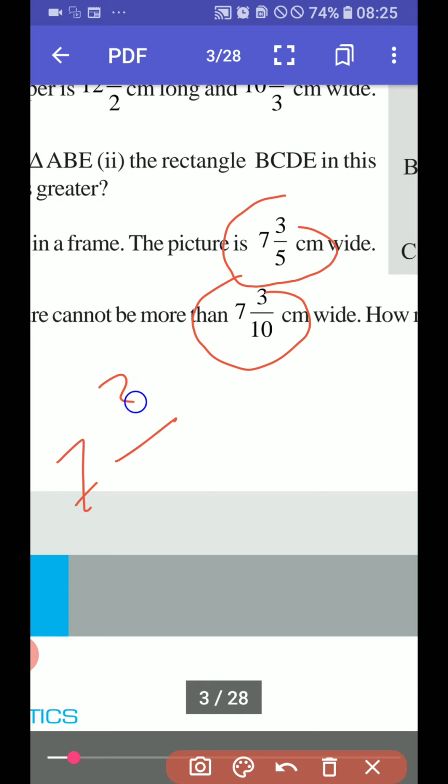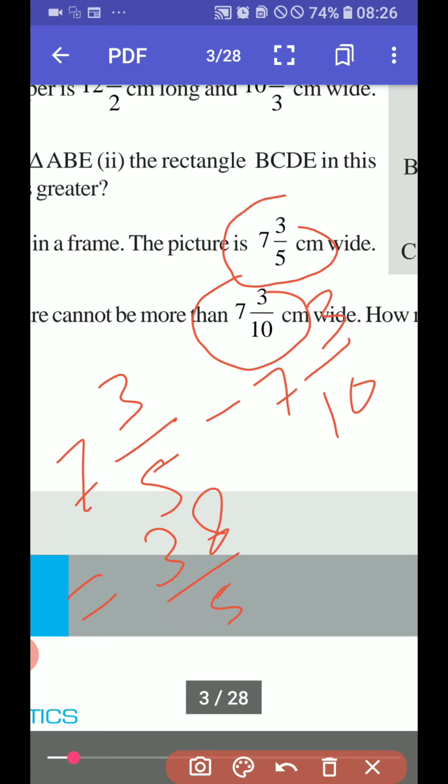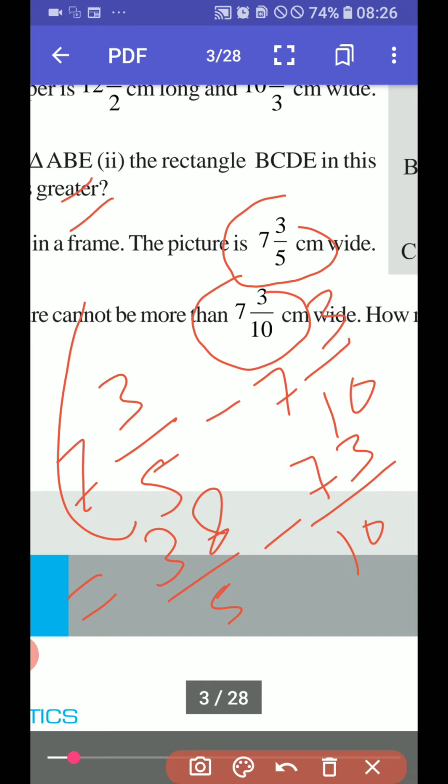You will get the trimmed fraction: 7 whole 3 by 5 minus 7 whole 3 by 10 equals 38 upon 5 minus 73 upon 10, since 7 times 5 is 35 plus 3 is 38, and 7 times 10 is 70 plus 3 is 73. Equal to, 10 will be the LCM.